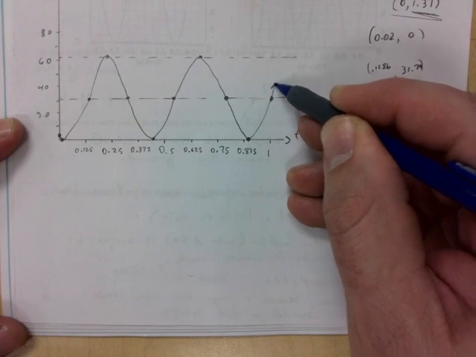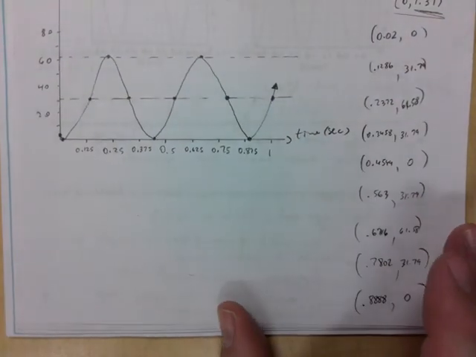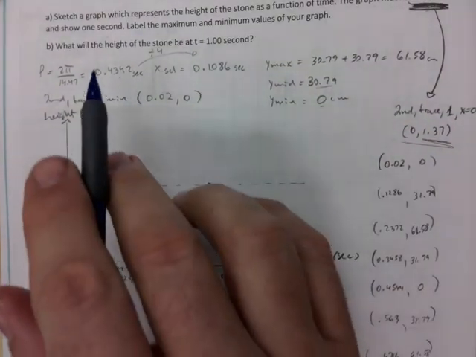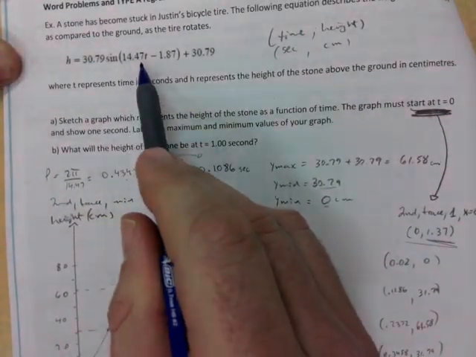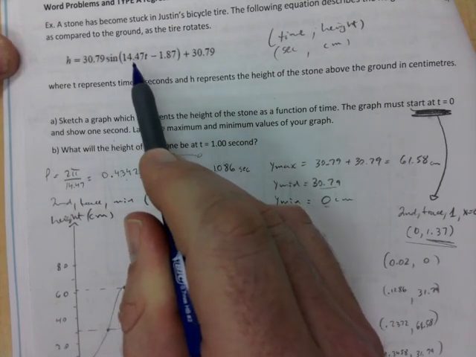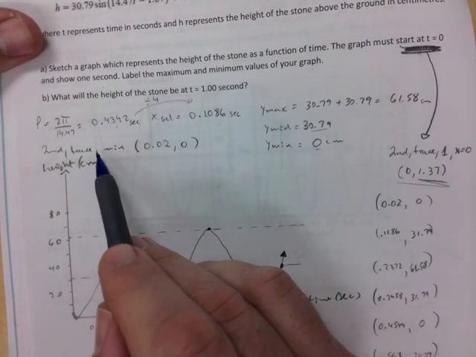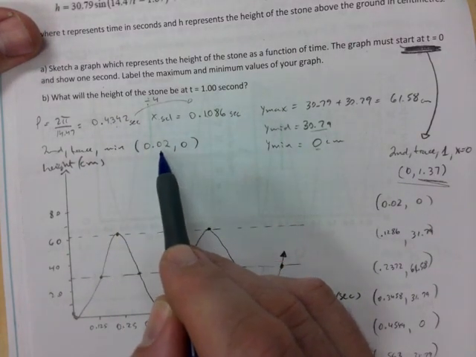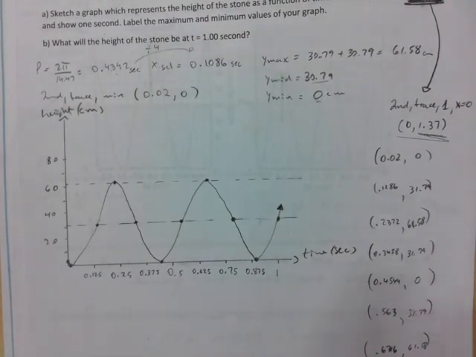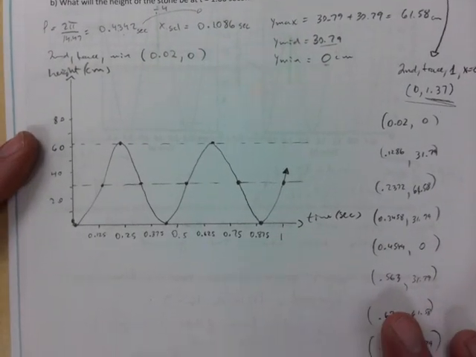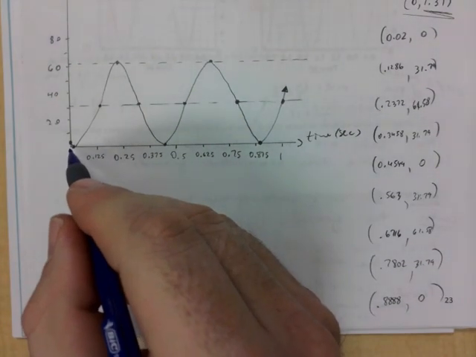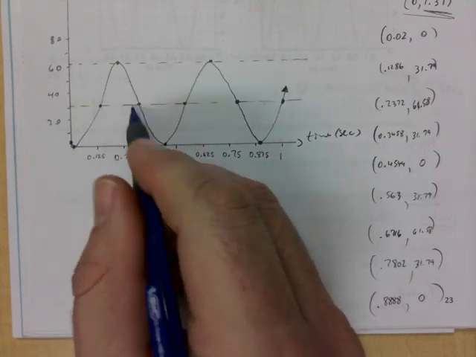I have a feeling that they would probably want us to round all the way up here, but they didn't put the 4 decimals in here. If we had been given the 4 decimals, you would have probably ended up with a graph that starts right at 0, 0. So I wouldn't worry about this too much. If it's that close, I will make sure it starts right at 0, and then you just go from there.